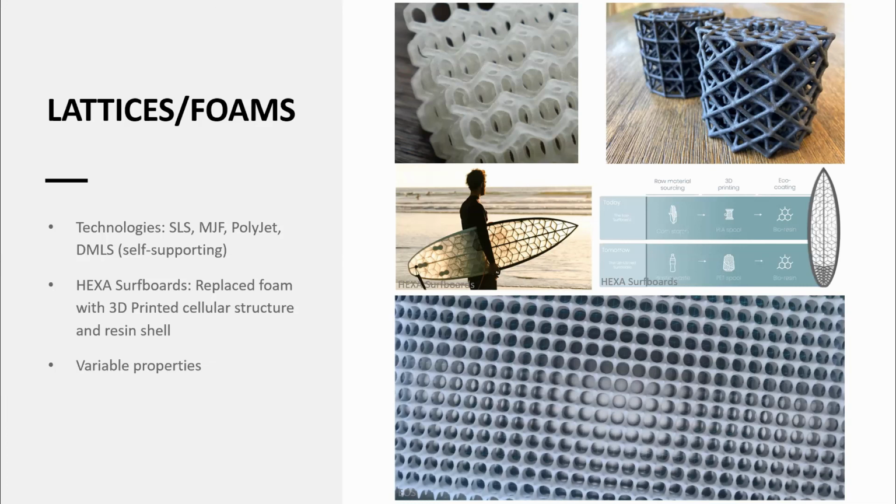Not only were the materials for this process more environmentally friendly, but the process was more efficient and used less energy. We're also seeing the variable lattice structures used a lot in applications such as footwear, where we may want a more customized part, or we may want a structure that has different properties in different locations.